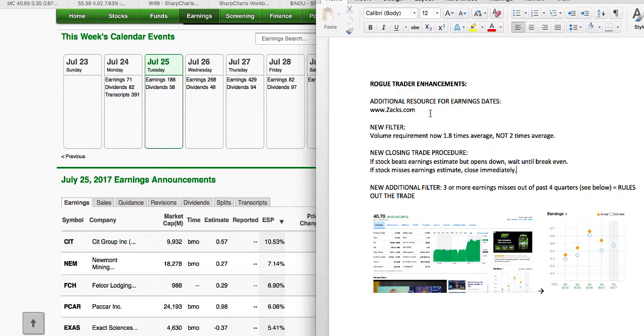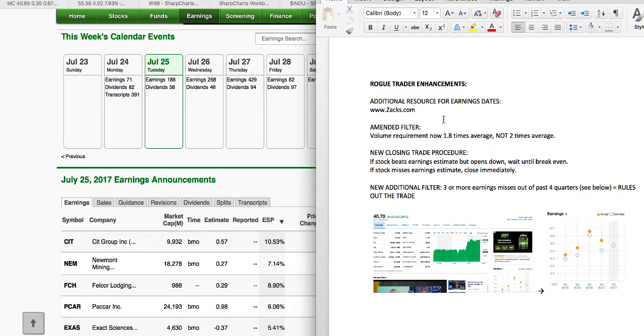There's a new filter. Sorry, it's not a new filter, it's an amendment to an existing one, and it's the one to do with the volume being 2 times the average. As you know, one of the requirements for a Rogue Trade is that we have twice the average volume in at least one of the last 5 days, which usually tends to be the day in question that we're looking at trading.